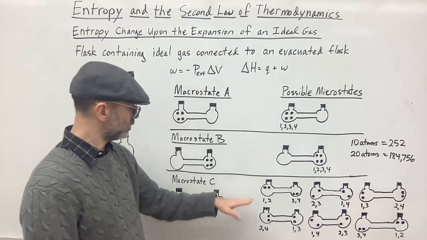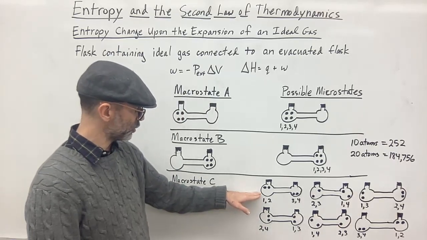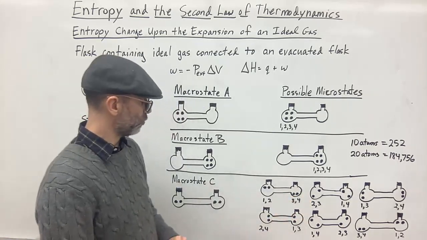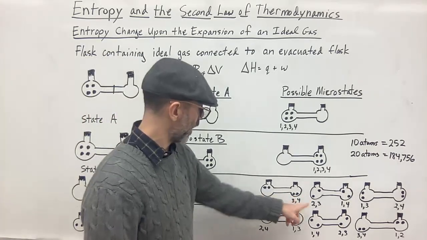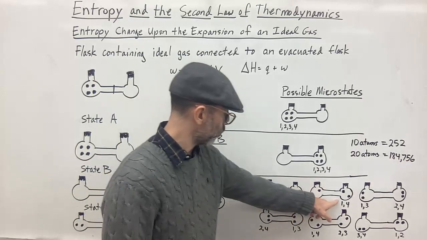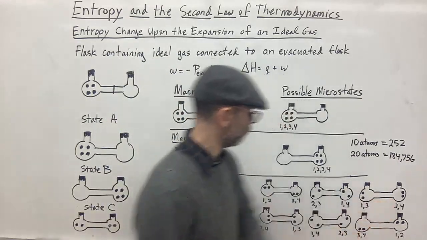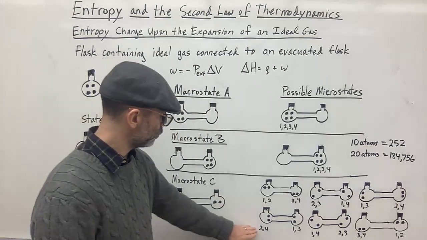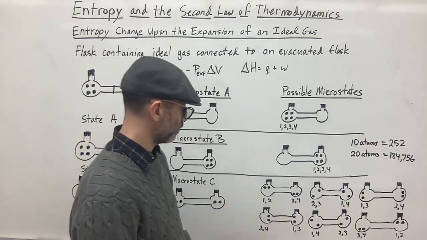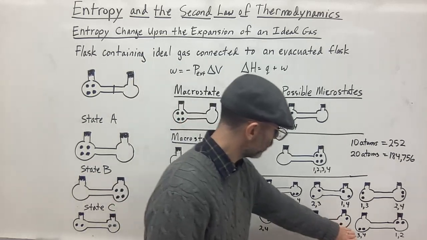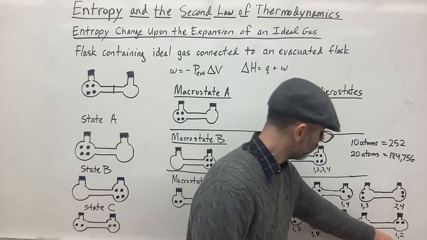So here we could have particles 1 and 2 on the left and 3 and 4 on the right. Or 2 and 3 on the left and 1 and 4 on the right. Or 1 and 3 on the left and 2 and 4 on the right. Or 2 and 4 on the left and 1 and 3 on the right. Or 1 and 4 on the left and 2 and 3 on the right, and 3 and 4 on the left and 1 and 2 on the right.